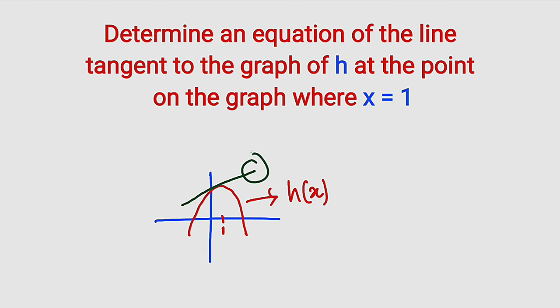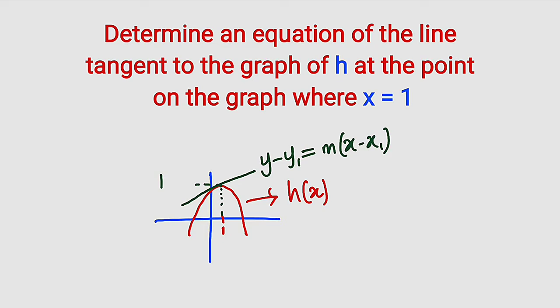So the equation of this line can be written as y minus y1 equals m times x minus x1, right? If x is equal to 1 here, we may find a corresponding value of y, which is y1. So if you come directly here, you can pick a point by substituting 1 into the function.